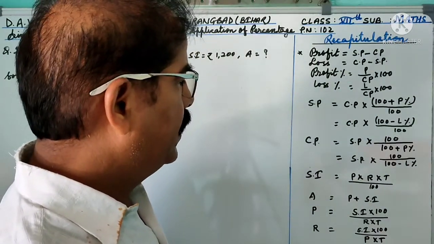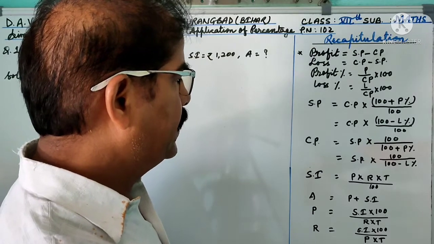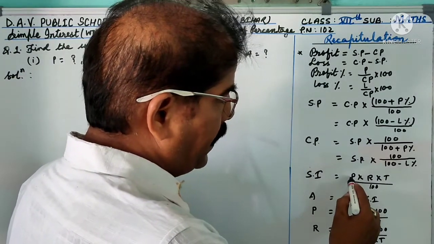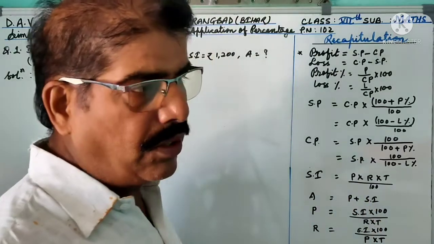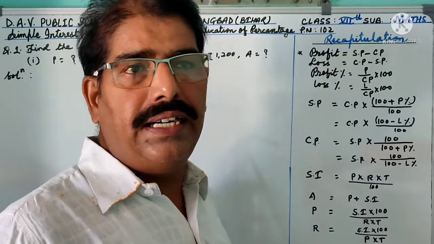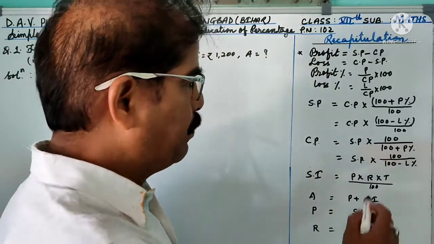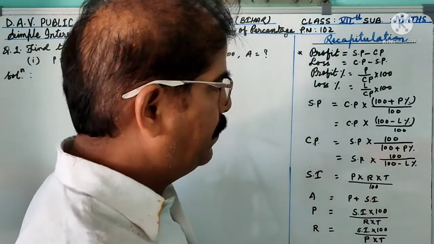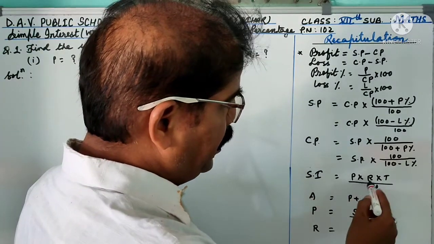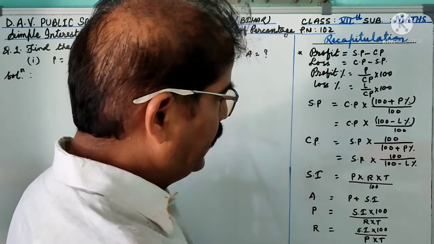Dear students, simple interest has three main factors: P, R, T, where P is principal, R is rate of interest, and T is time in years. So simple interest equals P into R into T by 100.